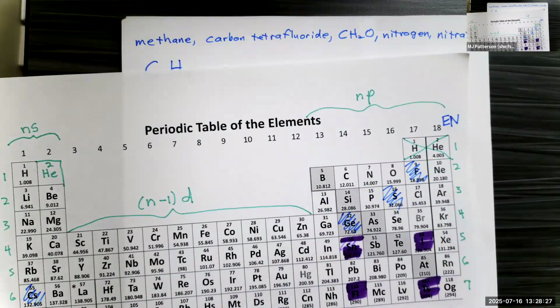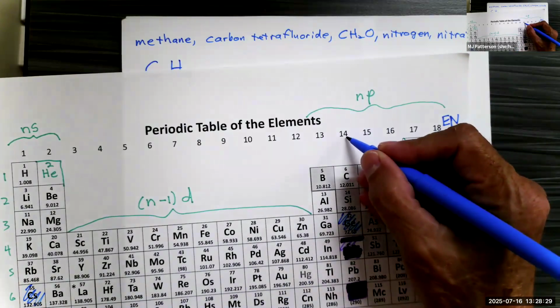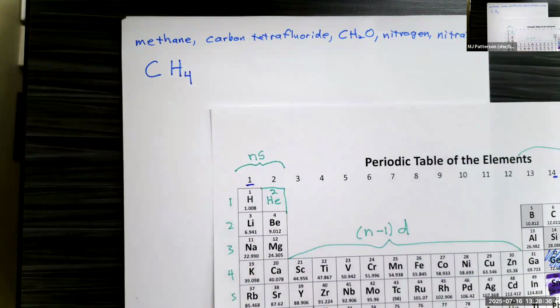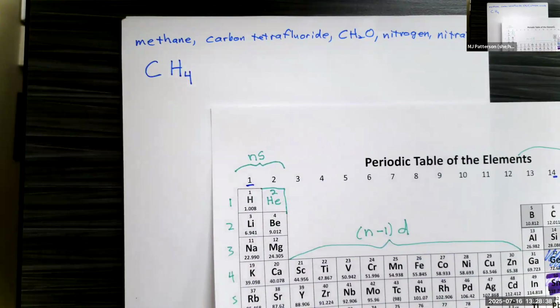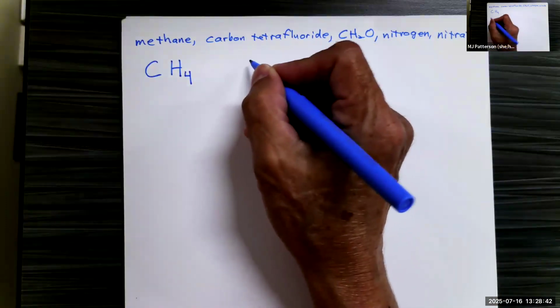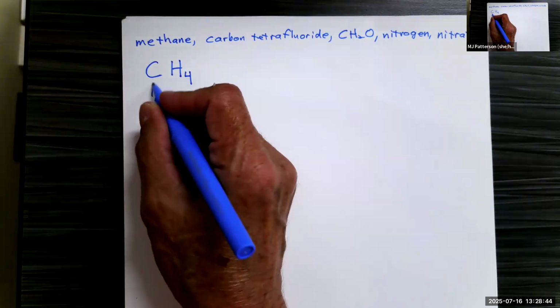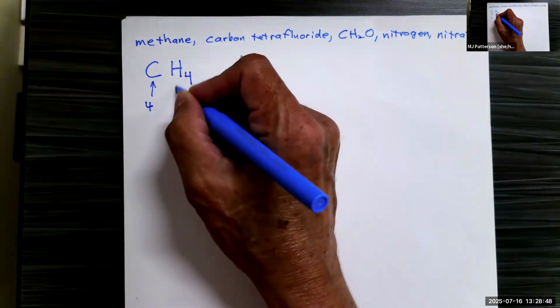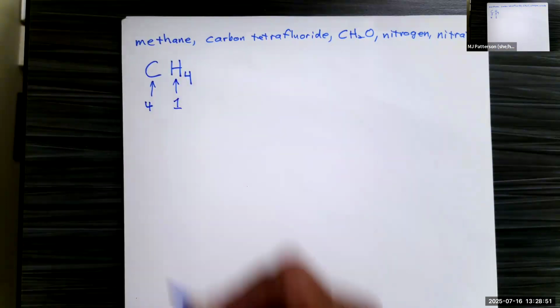Carbon is in group 14. So it's going to have 4 valence electrons. And hydrogen is in group 1. So it's going to have 1 valence electron. We just take the last digit of that group number for valence electrons. So carbon, we're going to have 4 valence electrons. Hydrogen's going to have 1 valence electron.